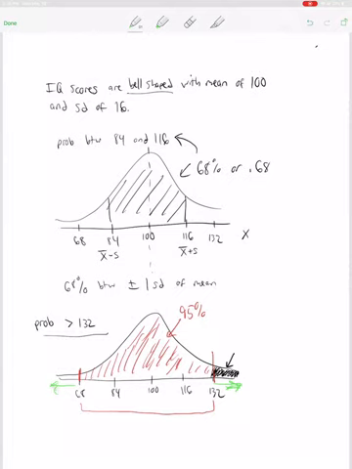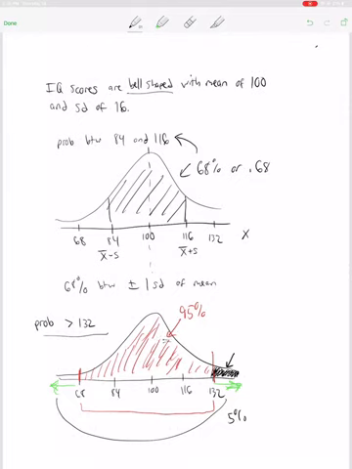If 95% is in between, that means the rest, lower than 68 and higher than 132, is 5%.